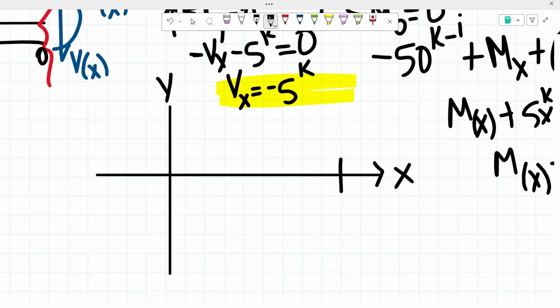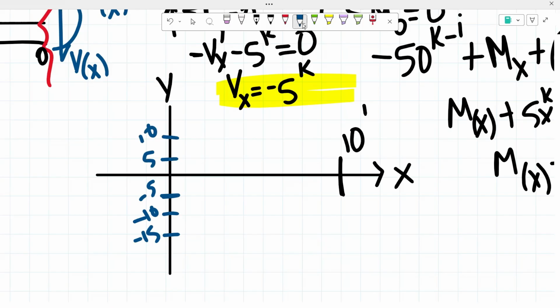We know that our beam is 10 feet long, and we found that our shear is negative 5 kips. So that means that on our shear diagram, this is negative 5, this is negative 10, this is negative 15, this is positive 5, positive 10.